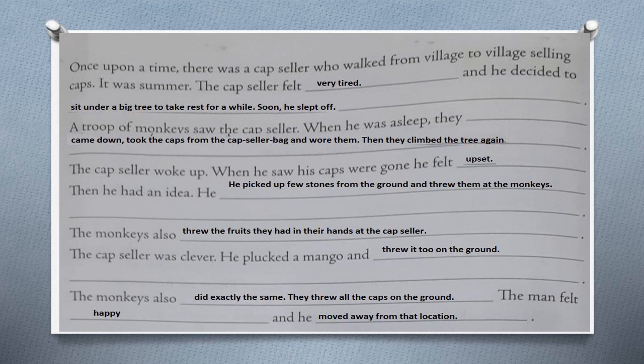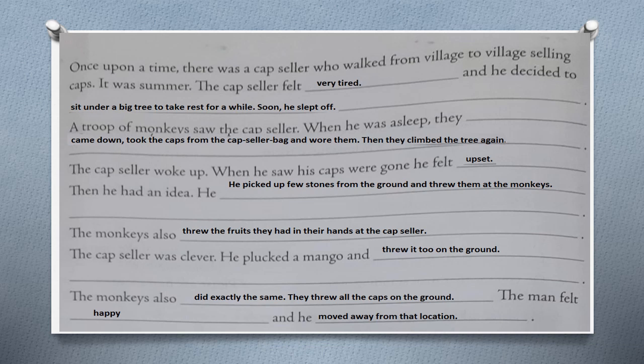As he was very tired, soon he slept off. So children, a troop of monkeys saw the cap seller when he was asleep. And the monkeys came down, took the caps from the cap seller's bag and wore them. Then they climbed the tree again.